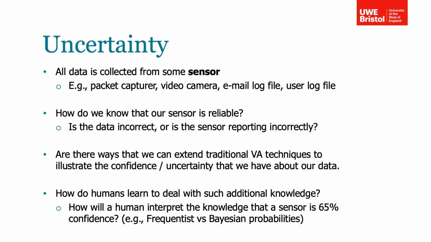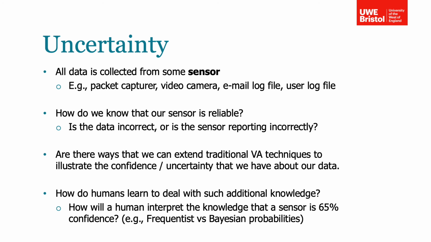How can we use visual analytics to inform about our confidence in the data or the uncertainty that may have been introduced? And how should users comprehend this information? If a sensor is 65% confident, how does the user make best use of this information? For example, frequentist versus Bayesian probabilities.